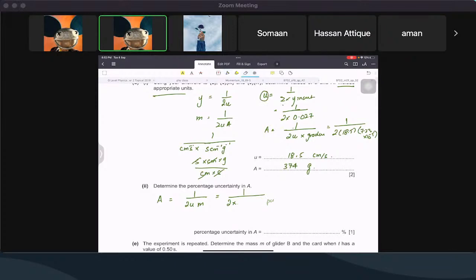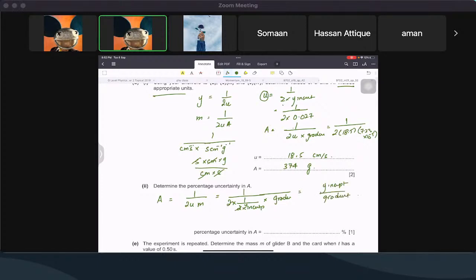It will be 1 upon 2 times y-intercept, multiplied by the gradient. So the 2 will cancel out, and this will be y-intercept over the gradient. Do you guys understand what I'm saying?